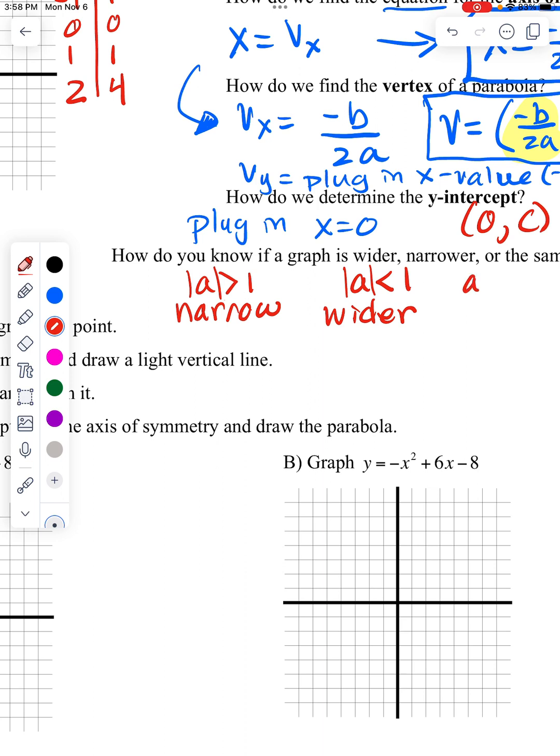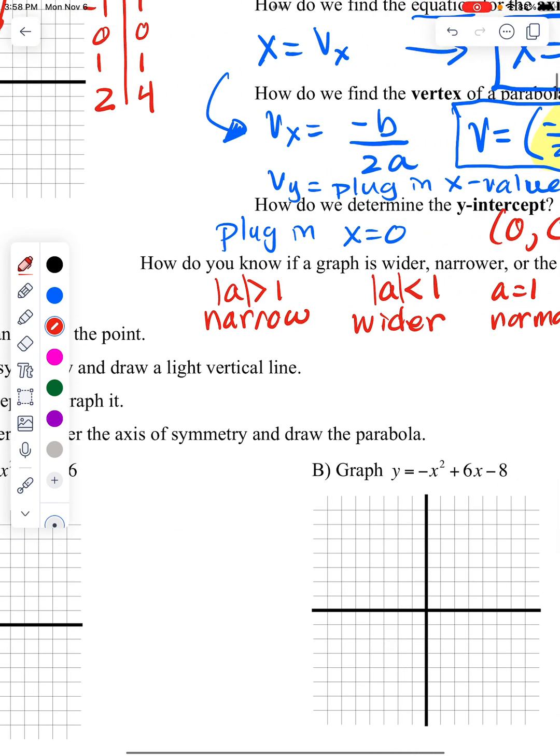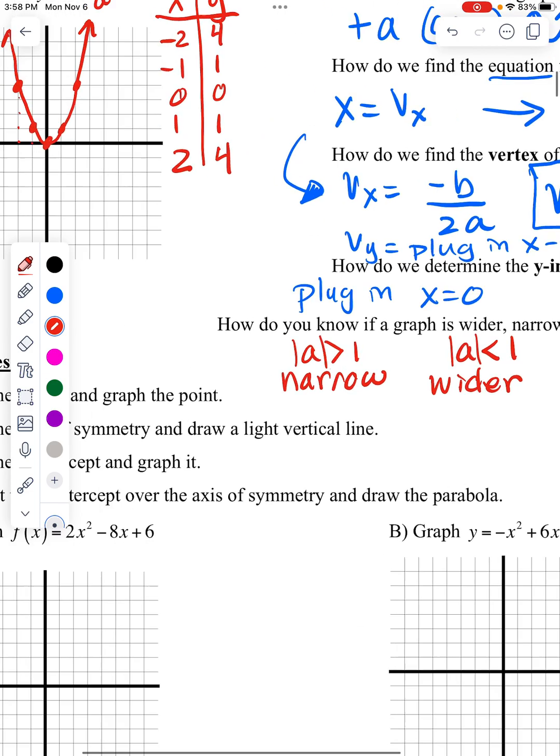Because when a equals 1, that's just the normal parent graph size. So if I were to graph something that had a 2 in front or a 5 in front, those would get really steep. Whereas if I graph something that was a half in front, it would be pretty fat.